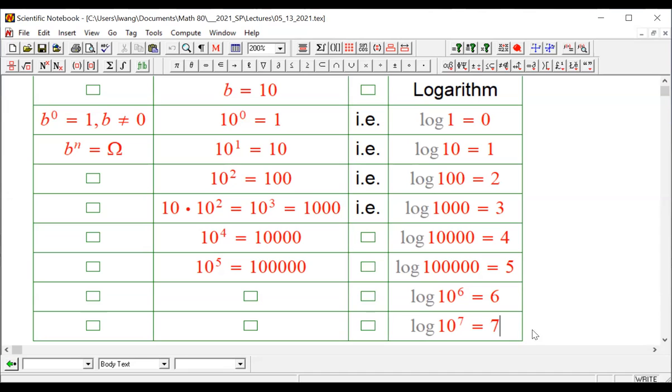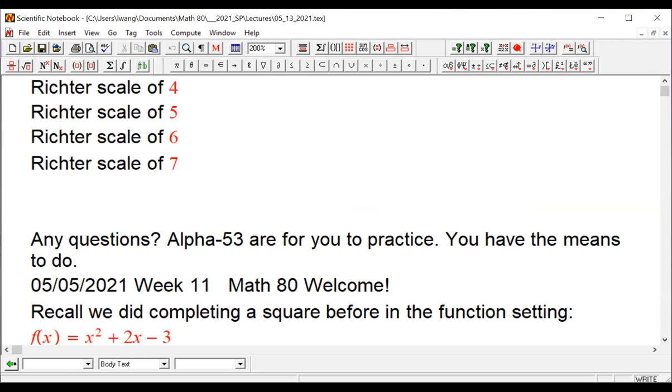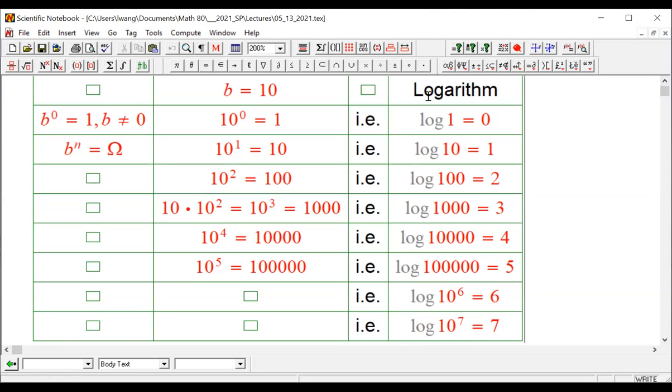Now, my question is, Richter scale of 7 is how many times stronger than Richter scale of 5? Did you get my question? Okay, I'm going to write down my question.